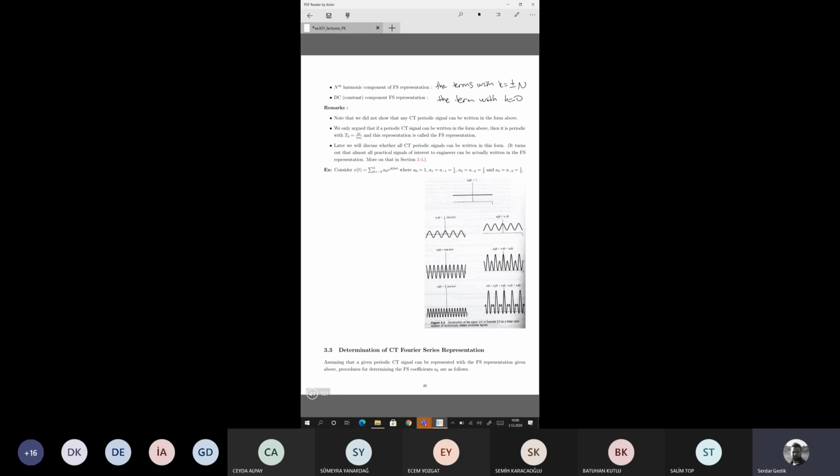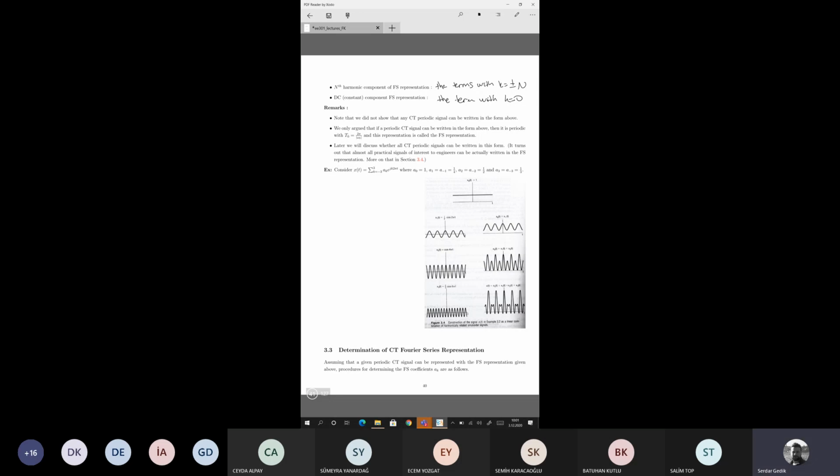We will see that a signal must satisfy some properties to be written in the form of a Fourier series, but most of the signals that we encounter in engineering can be represented with a Fourier series representation.